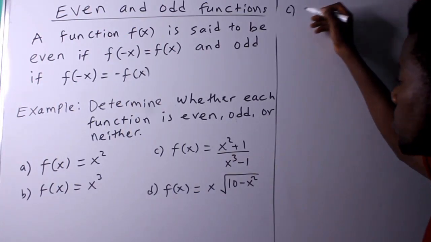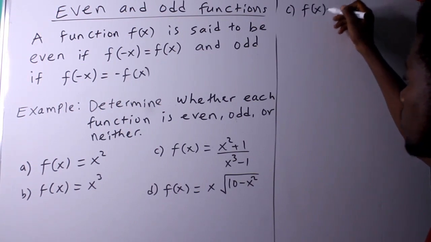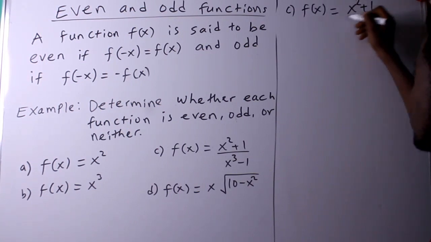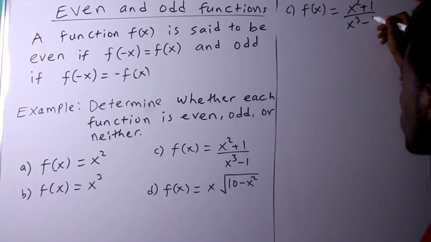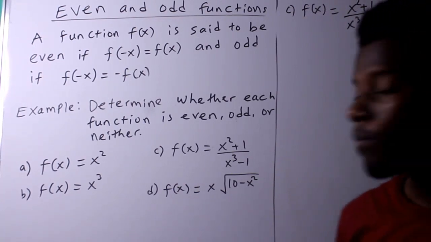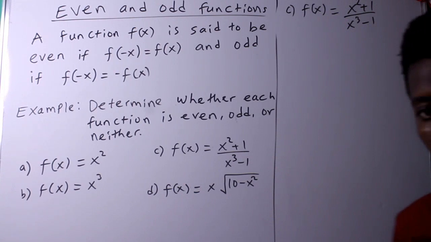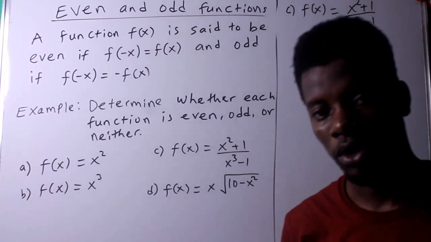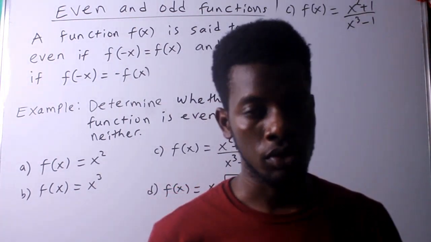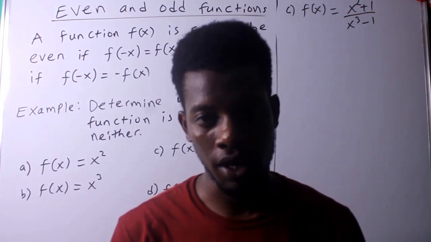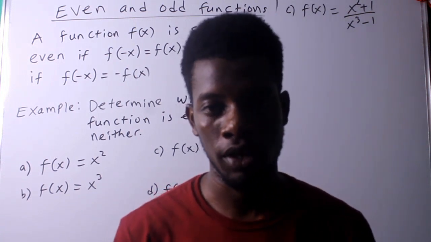C. F of x is equal to x squared plus 1 all divided by x cubed minus 1. Great. So we want to determine whether this function is an even function or an odd function. And to do that, we find f of negative x and compare the result with f of x.